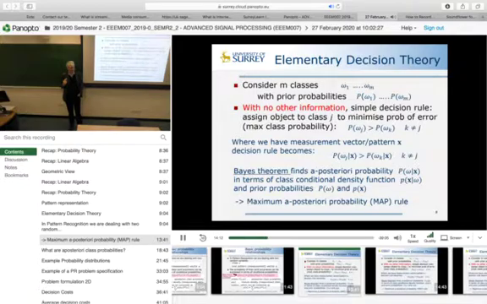Why do I want to decide whether I am class 1 or class 2? That's usually because you're going to take an action. And if the decision you made is wrong, there'll be consequences. So there'll be a cost of making a mistake. But usually, a measurement that you make helps you to reduce the cost of mistakes.